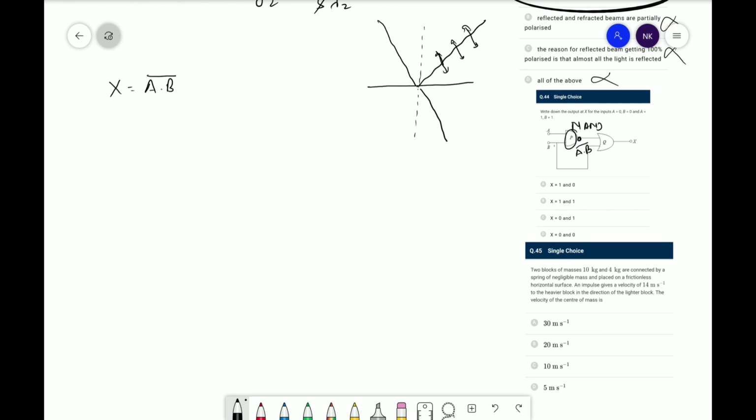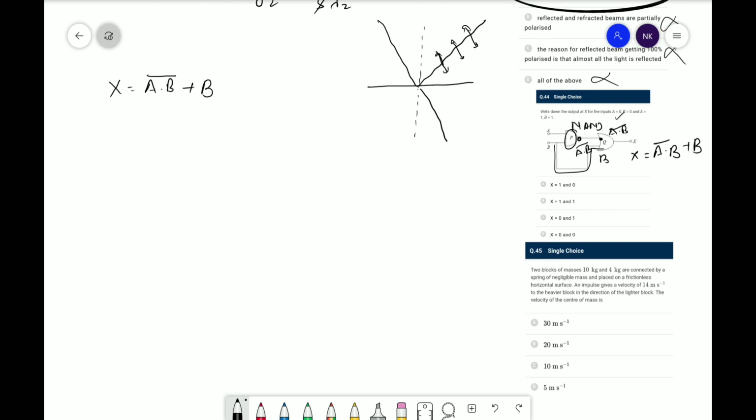What about this? This one is going directly here. Here the inputs are A bar dot A dot B bar, and here the input is only B. Hence X is equal to A dot B bar plus B. Now put in the values.